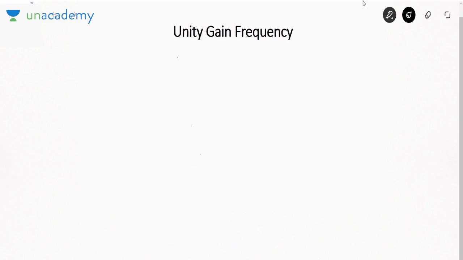Now we have to talk about one important parameter, that is the unity gain frequency. So we have derived the current gain minus GM RB'E over 1 plus SC RB'E. Now you can go into j omega.